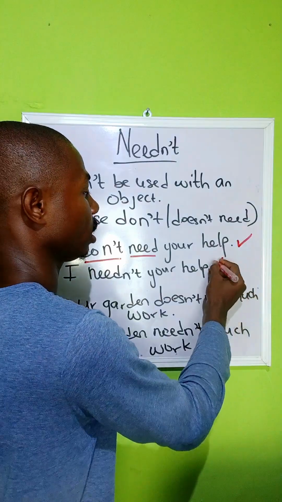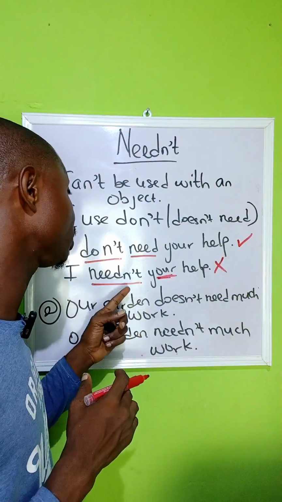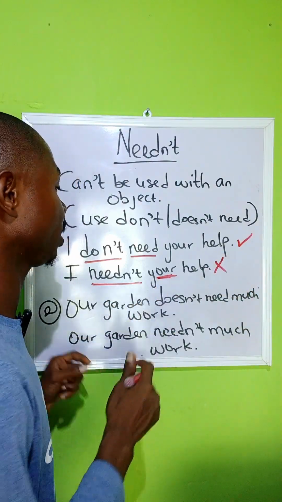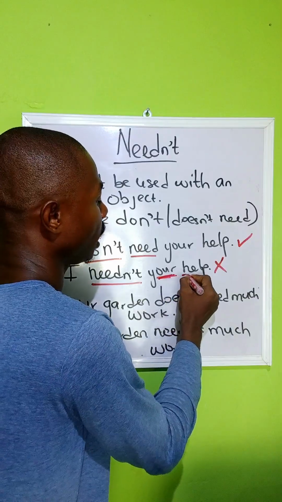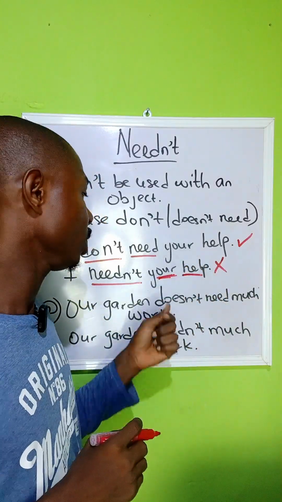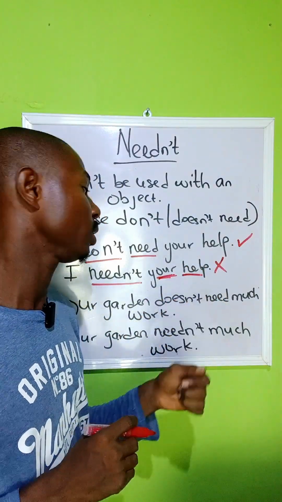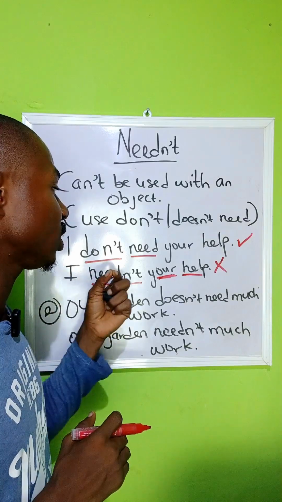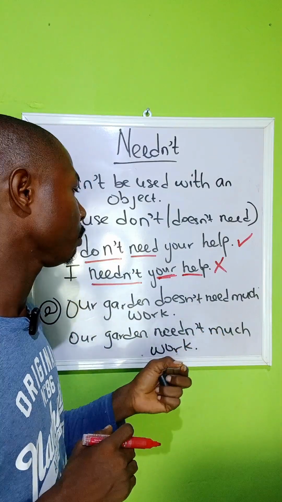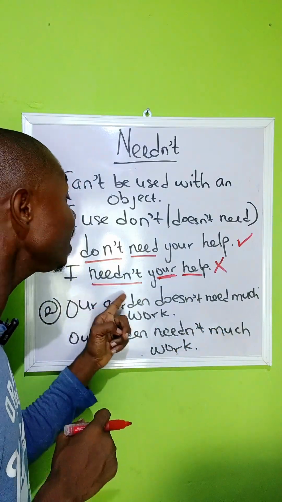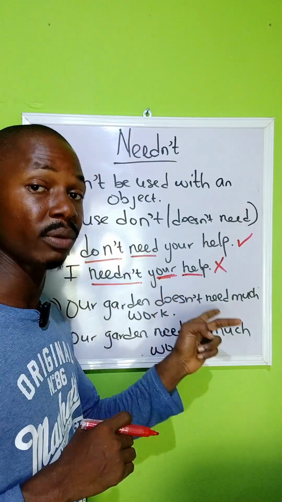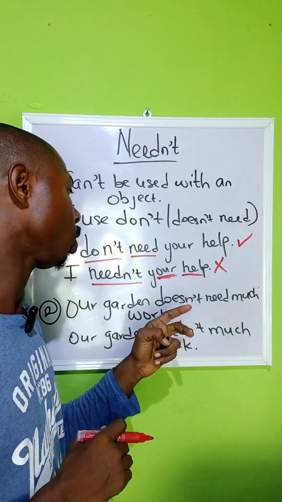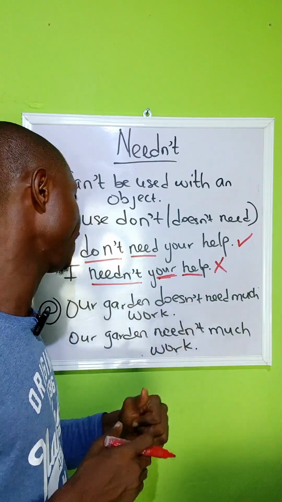That's incorrect, because you can't use needn't with an object. The object here is your help. You can't use needn't with a direct object or an indirect object.